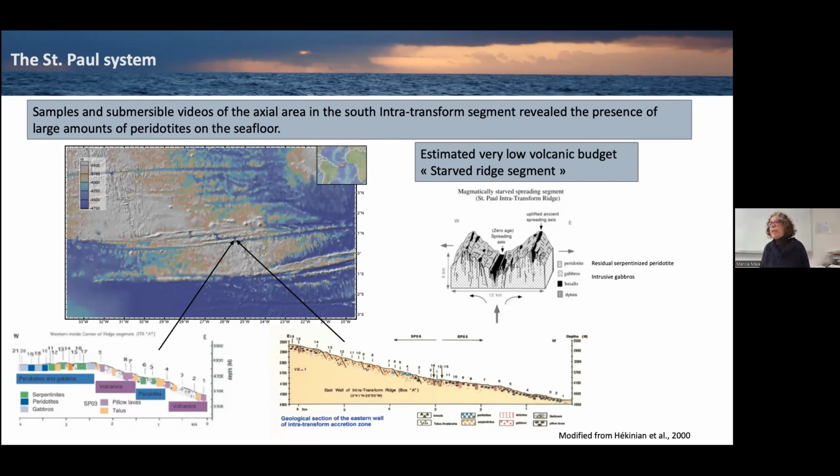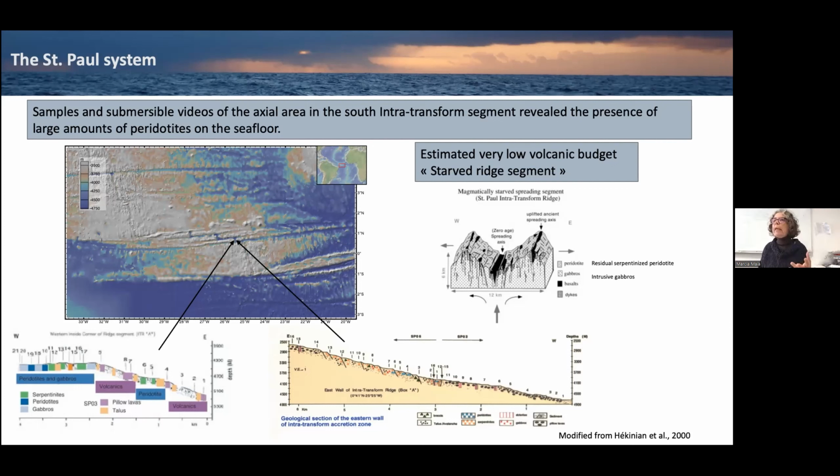There are other studies on the intra-transform ridge segments. One was published by Ekinian in 2000, which showed that there was also a large amount of peridotites along these intra-transform ridge segments. He studied in detail the southernmost intra-transform ridge segment in the area, and showed that both flanks of the ridge exposed gabbros and a lot of peridotites.